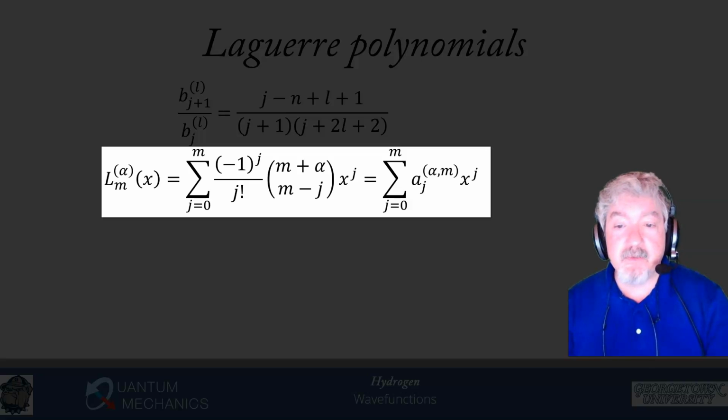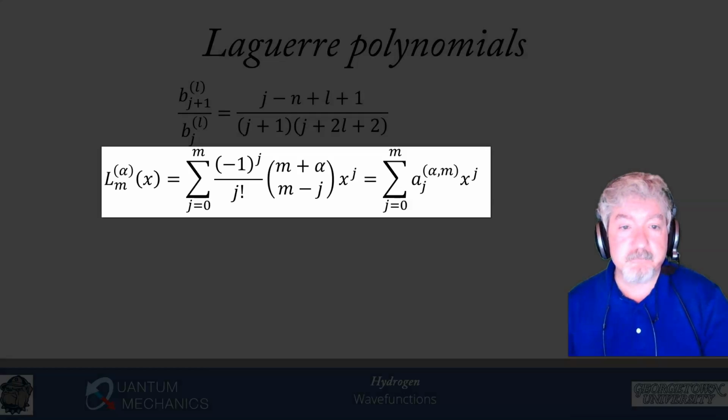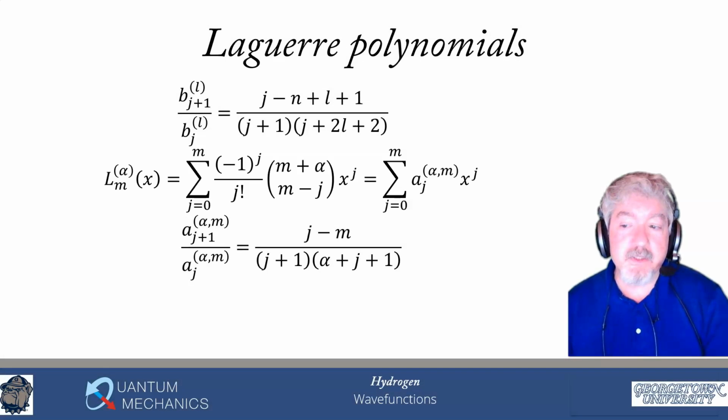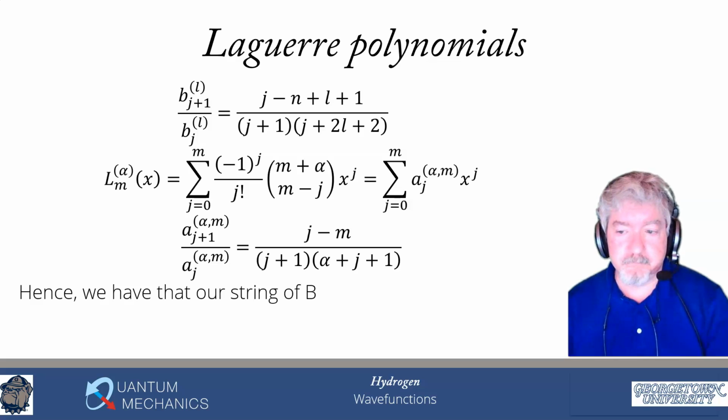I'm going to write them in a generalized form as a_j superscript alpha comma m, just to keep everything straight. We can look at the ratio of those two terms. They become (j minus m) over (j plus 1)(alpha plus j plus 1). You can very easily read off of that what m and alpha are.